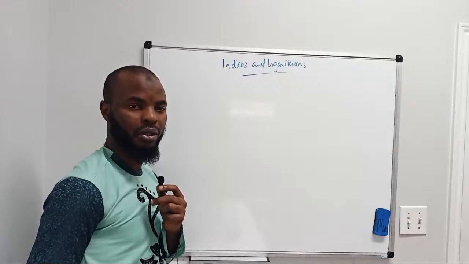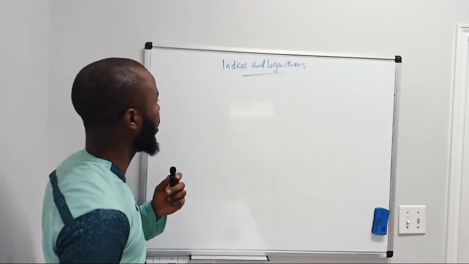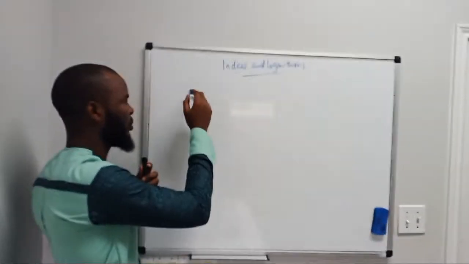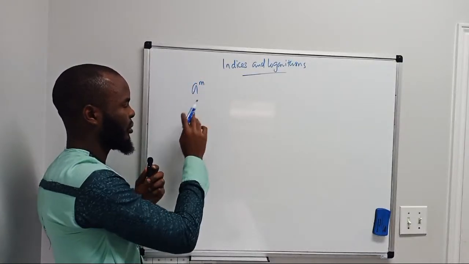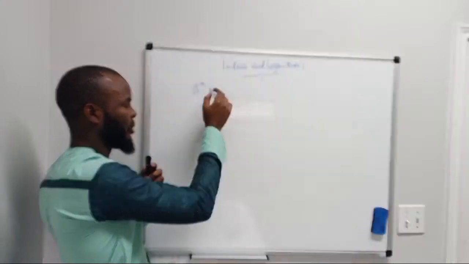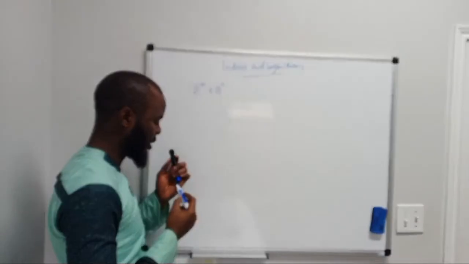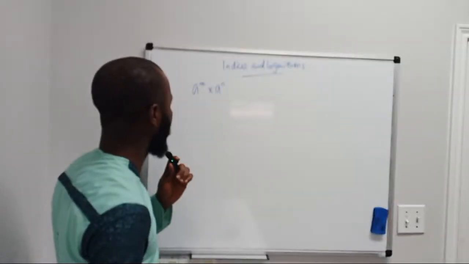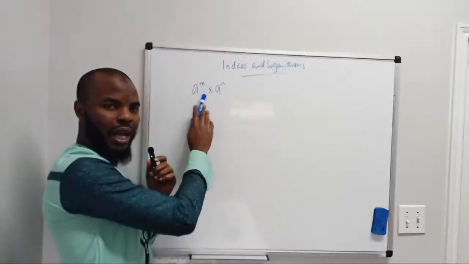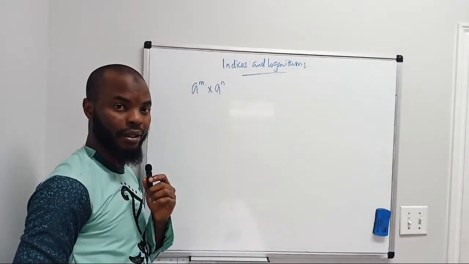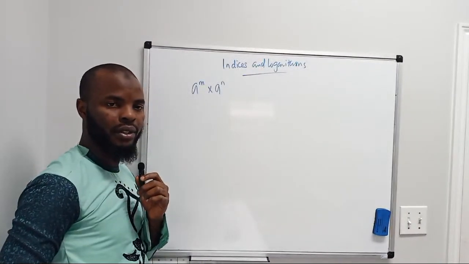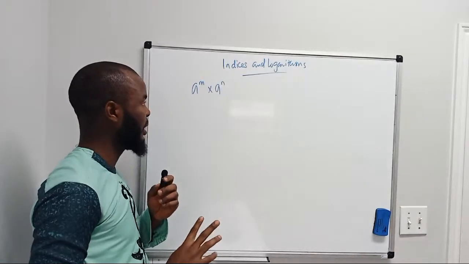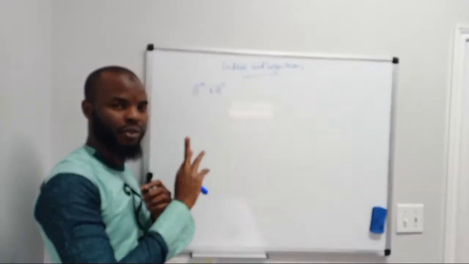When you talk about the major laws of indices, here we're going to talk about the first law of indices, which I can call the addition law. When you have an index form like this, one thing you need to take note of is that both of them have the same base, which is base A. The rule says that if they have the same base, then you can add the powers together.